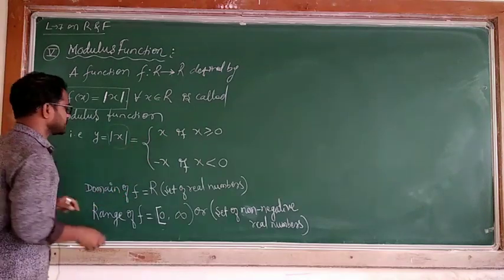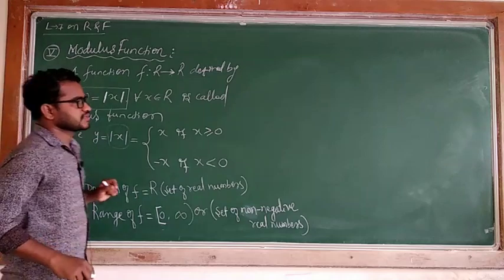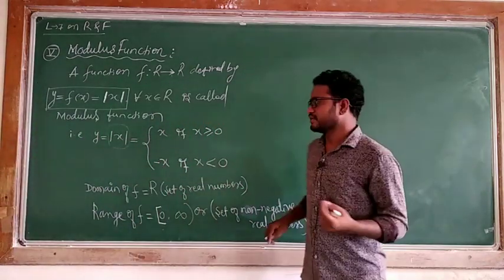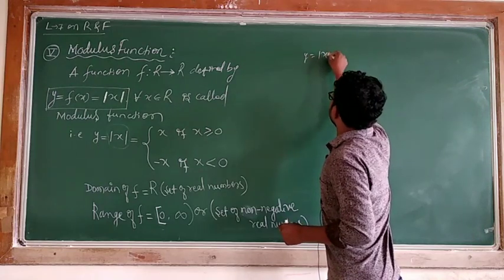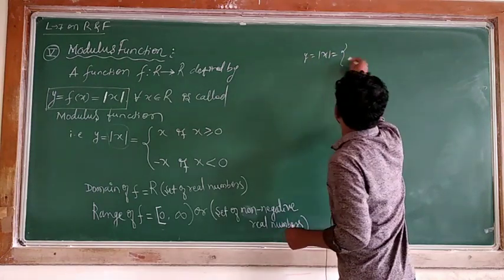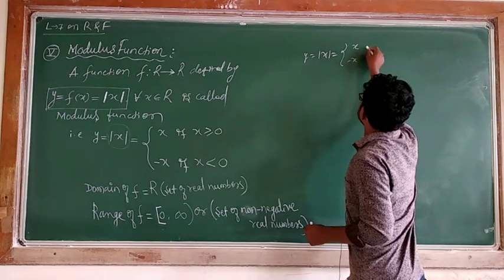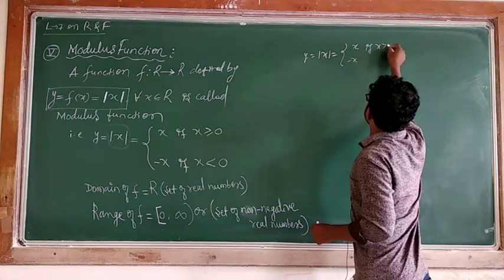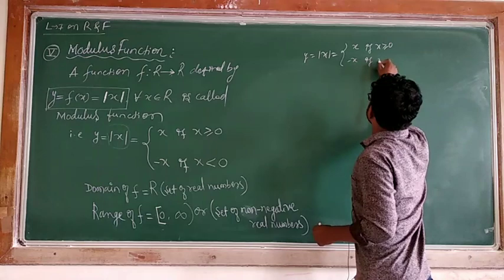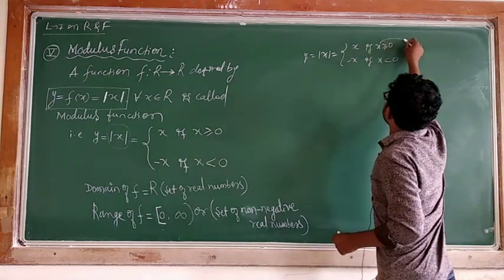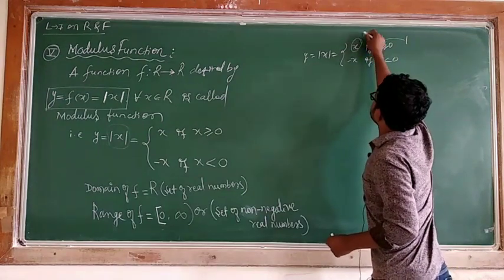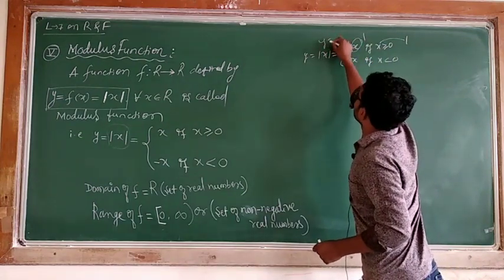X is positive, so see what we are saying. For example, for our convenience, we are saying y is equal to modulus of x. In this case, x, minus x, if x is greater than or equal to 0, if x is less than 0. If x is 1, what will you get? X is 1 only, so the y value is 1 only.